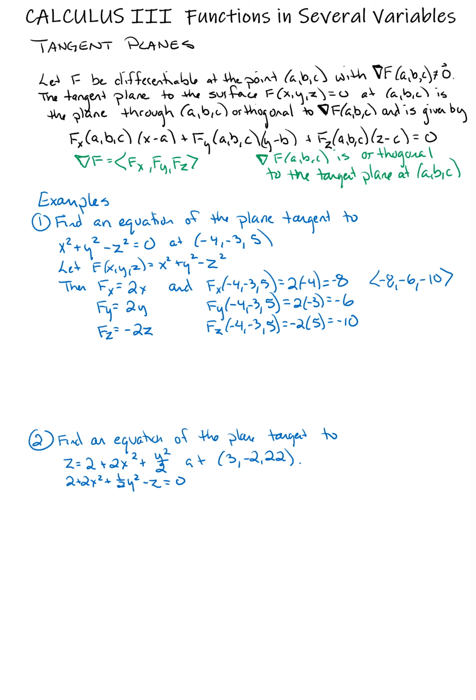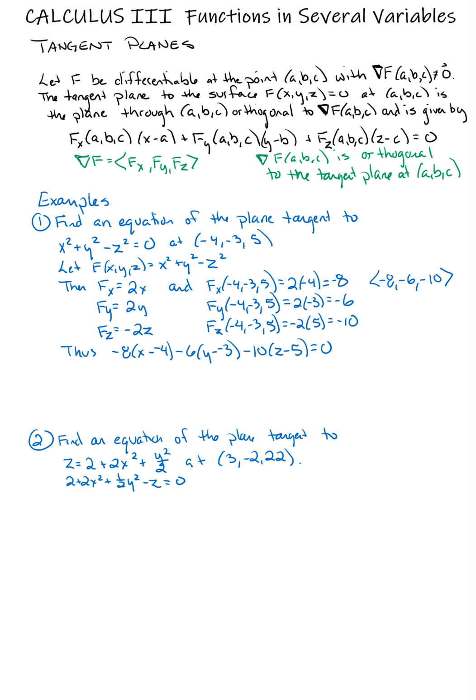So now we end up with -8 times (x minus -4), minus 6 times (y minus -3), minus 10 times (z minus 5) is equal to 0. So again, all I'm doing is using this vector and that point.